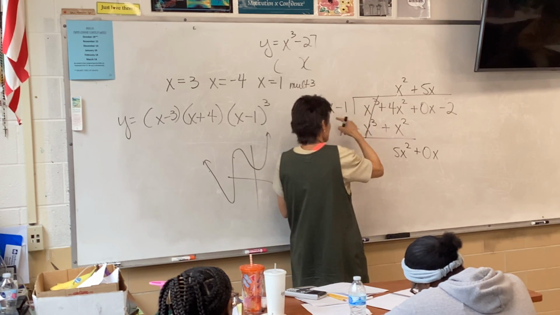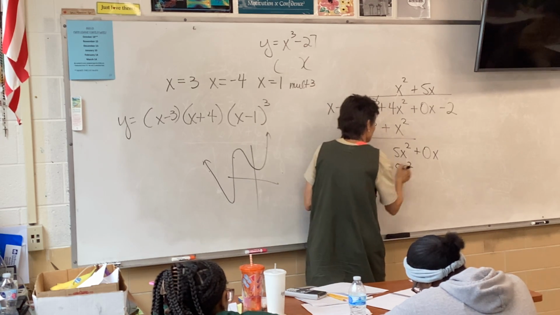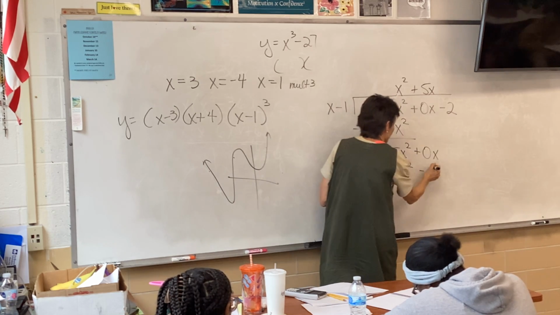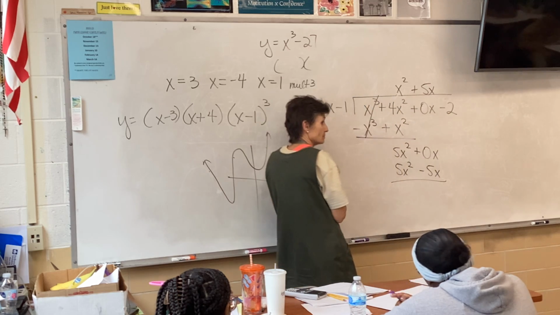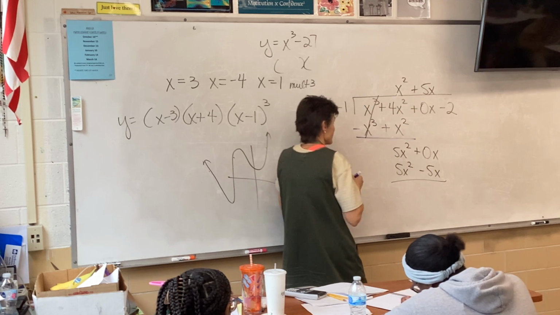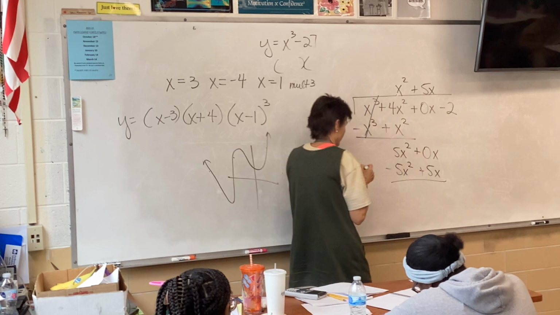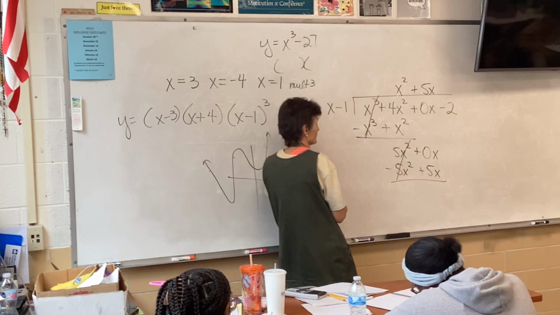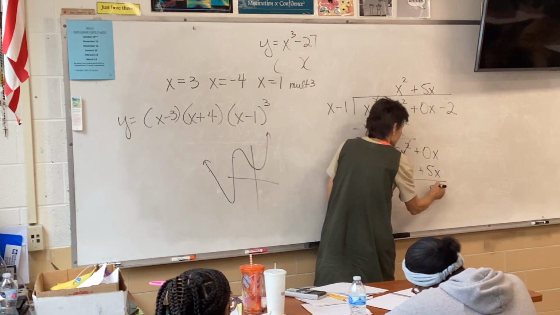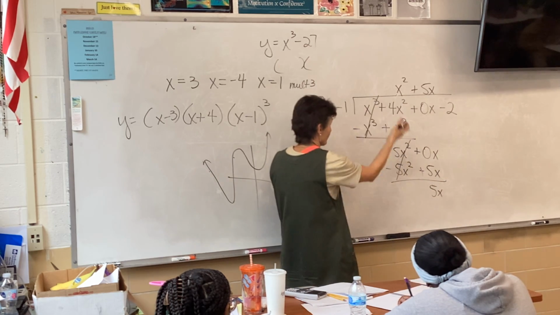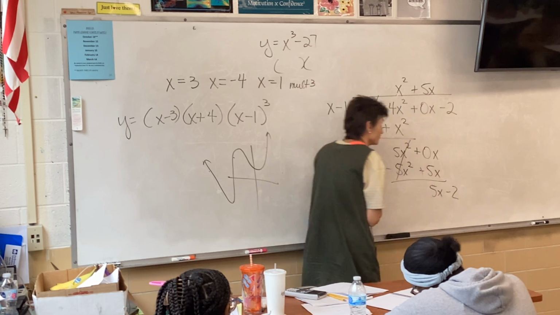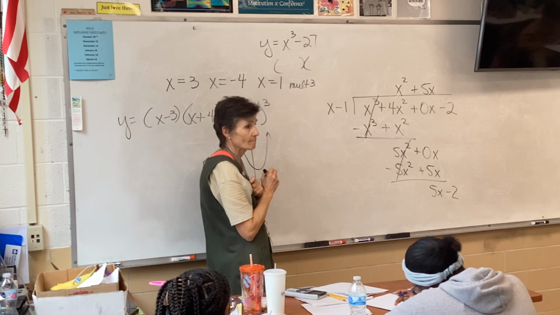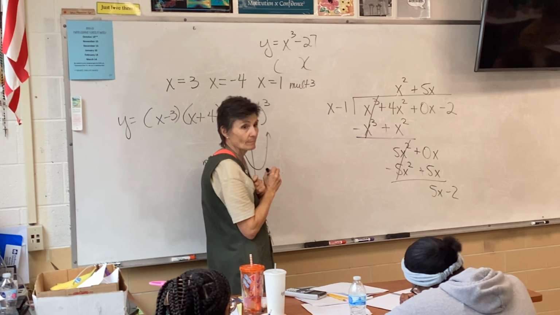So 5x times x is 5x squared. 5x times -1 is -5x. Now I'll subtract. These cancel, always will. So I've got 5x. Bring down my -2. Okay, start all over again.